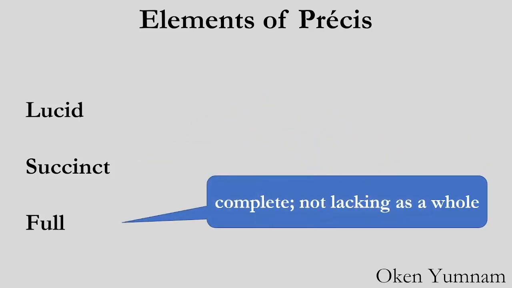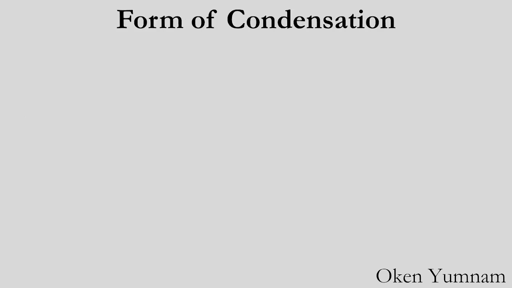Full means complete, not lacking as a whole. So the entire Précis should be a compact model which doesn't lack a beginning, middle, or end. It should be a complete unit as a whole. These are the elements of Précis writing.